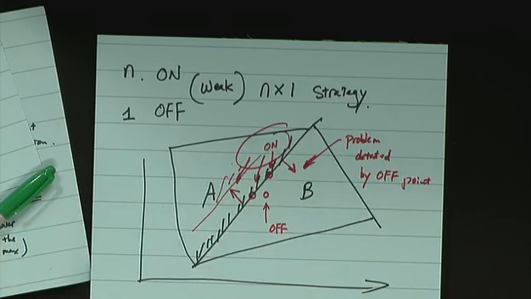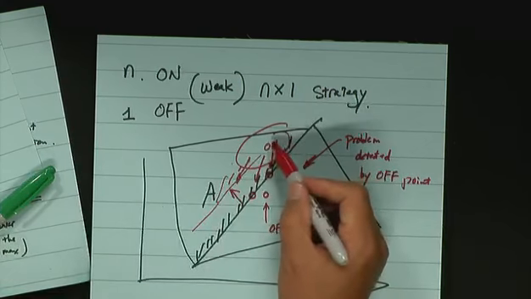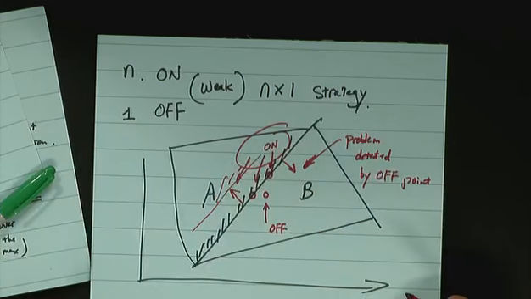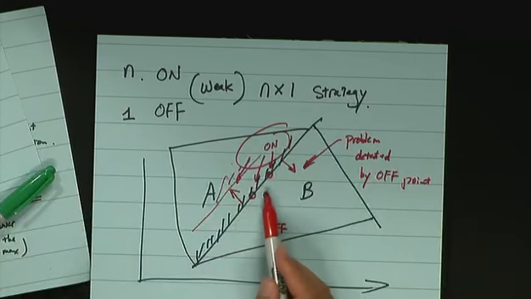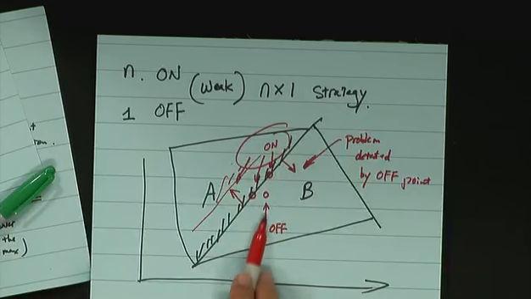One thing people notice here is, why do you need two on points? If you have one on point, probably you can do the same thing, right? Say instead of n on points, I have just one on point.